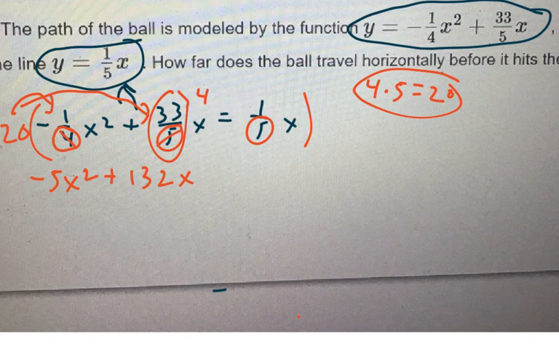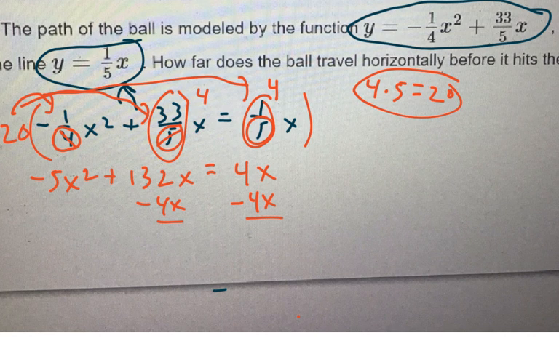And so I get 132x equals. What about 20 times 1/5? Well, 1/5 of 20 is 4, times x is 4x. Now, because it's x squared, I've got to make it equal 0. I'm going to minus 4x from both sides. So negative 5x squared plus 128x, because 132 minus 4 is 128, equals 0.